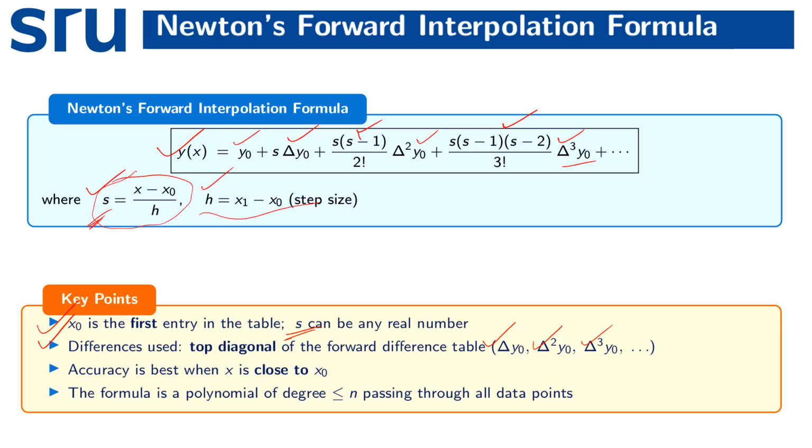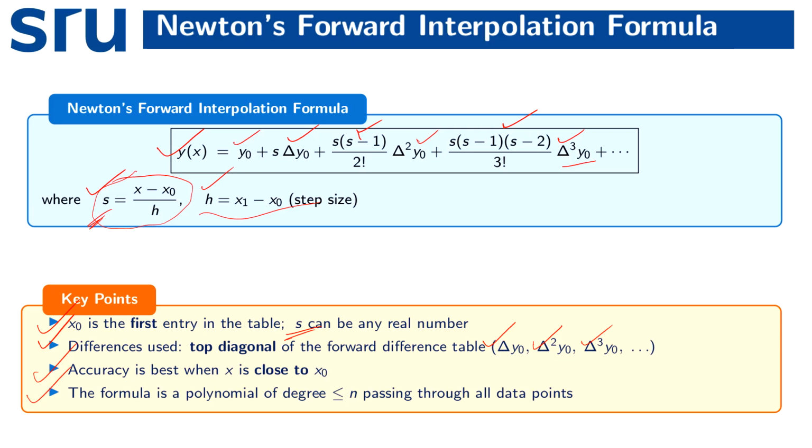Again, the accuracy of this formula is best when x is close to x_0. This is very important: if the required value is near the beginning of the table, we use the forward formula. If it is near the end, we use the backward formula.